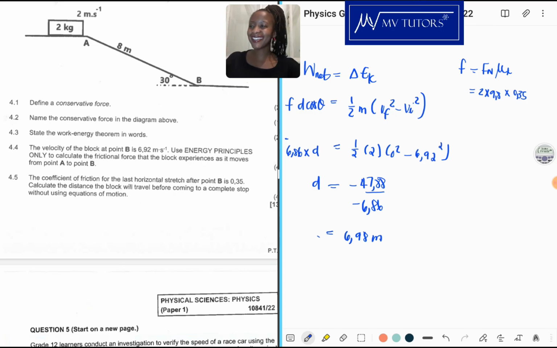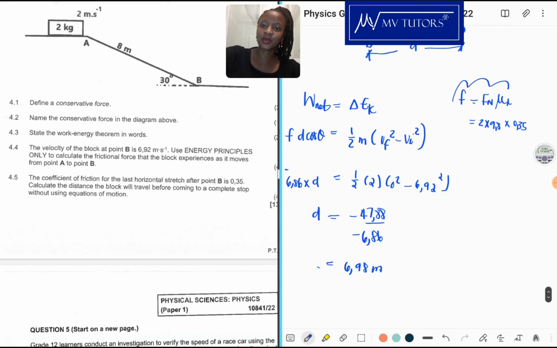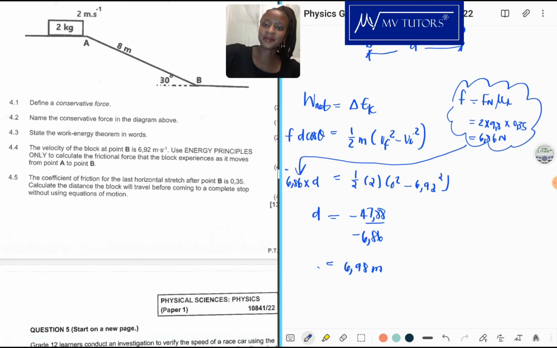I think that is the answer. Yeah, basically that is it. Obviously you're going to write it much better than I, so you probably would have started with that, put it somewhere, and then slot it back in, 6,86 Newton, and then have it as a negative there. Please don't forget the negative.